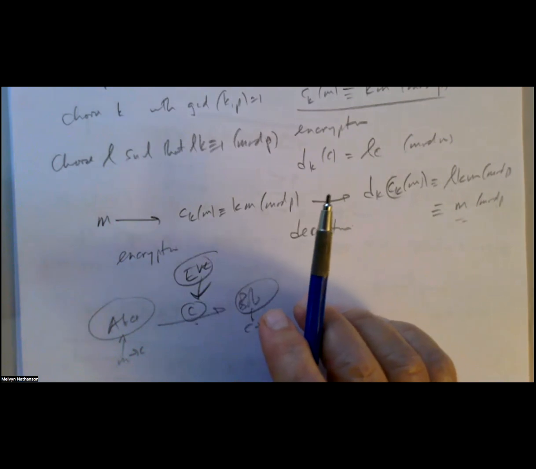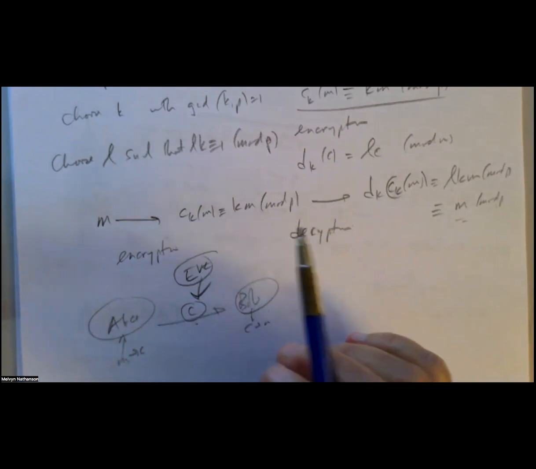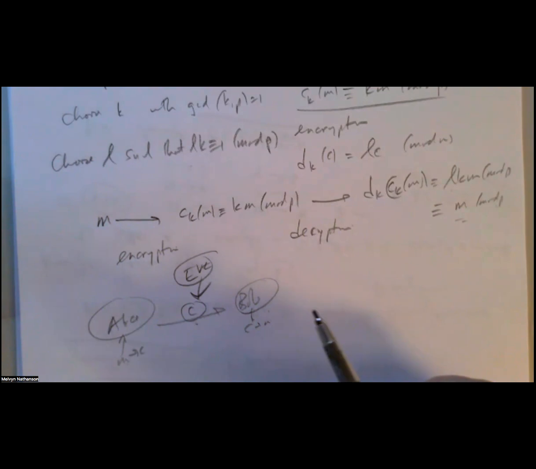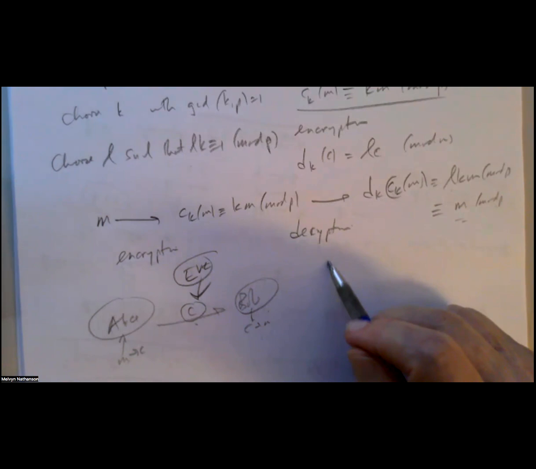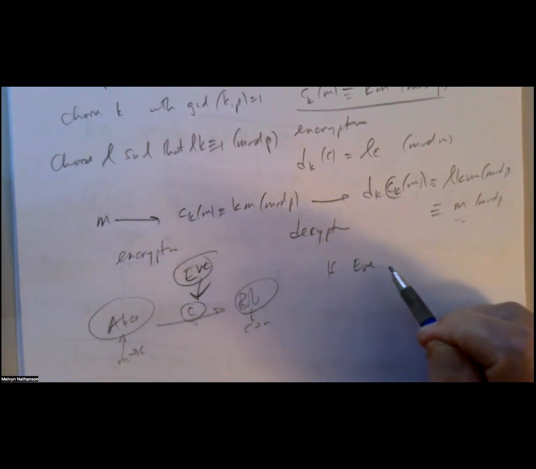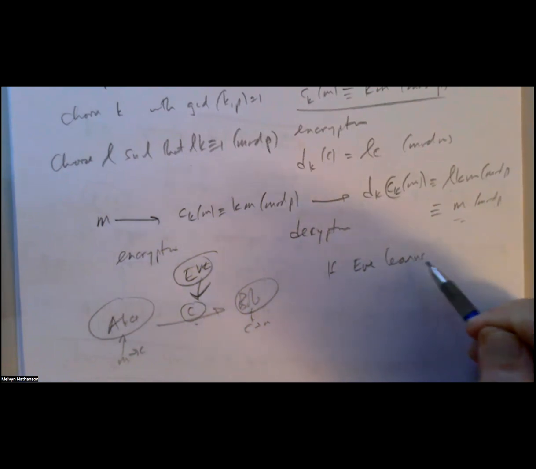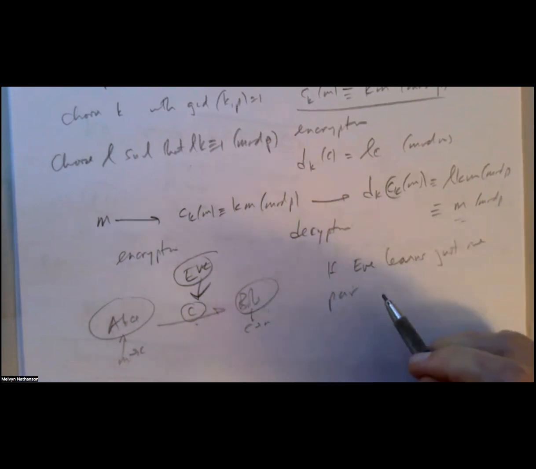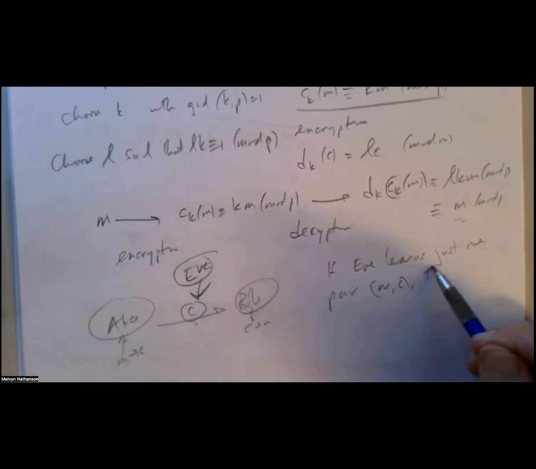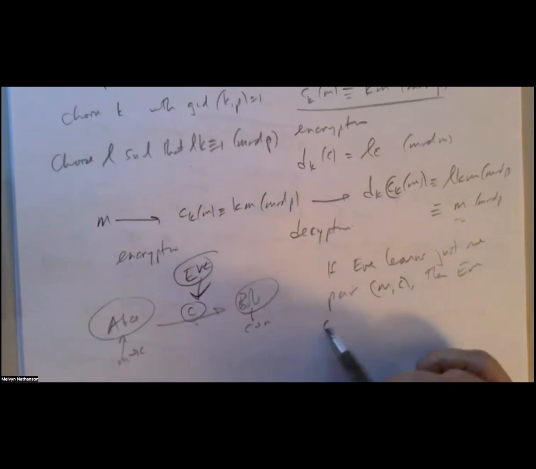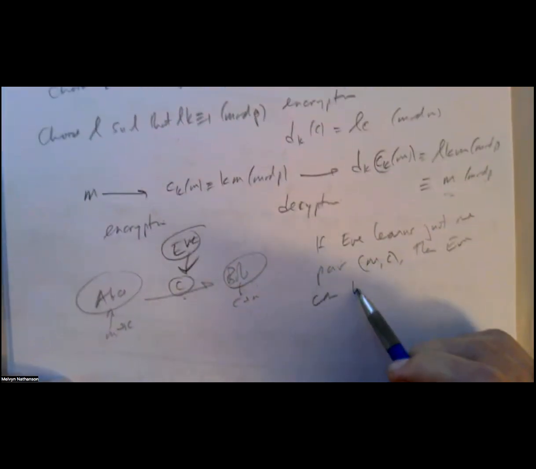But you'll notice that one disadvantage of this scheme is that if Eve learns just one pair, M and C, so she doesn't know the key, but she knows that there was a message M and it was encrypted as C, then Eve can break the code.